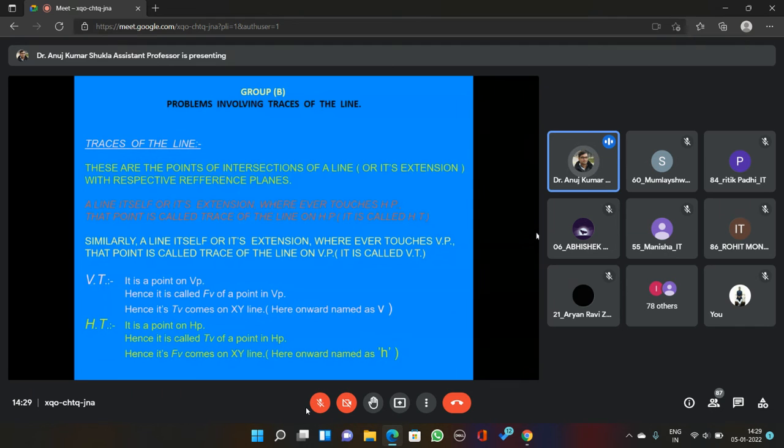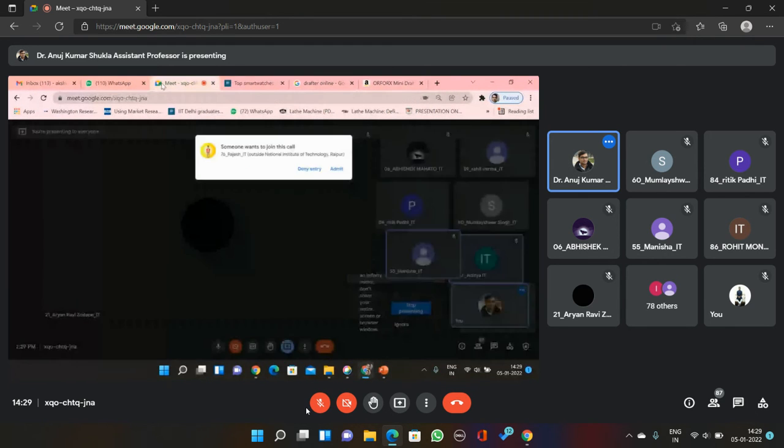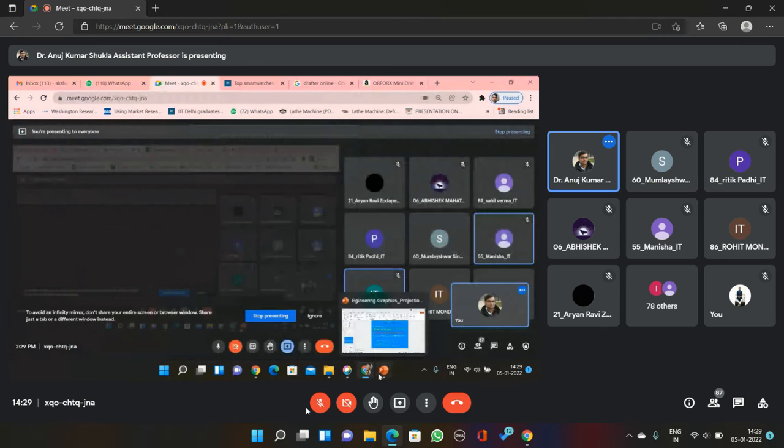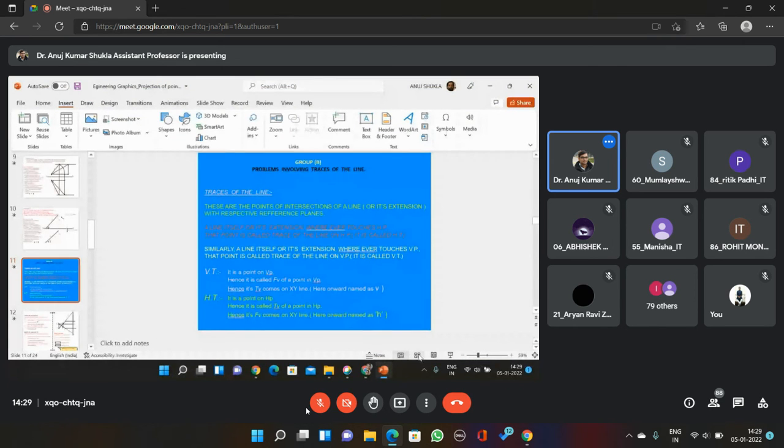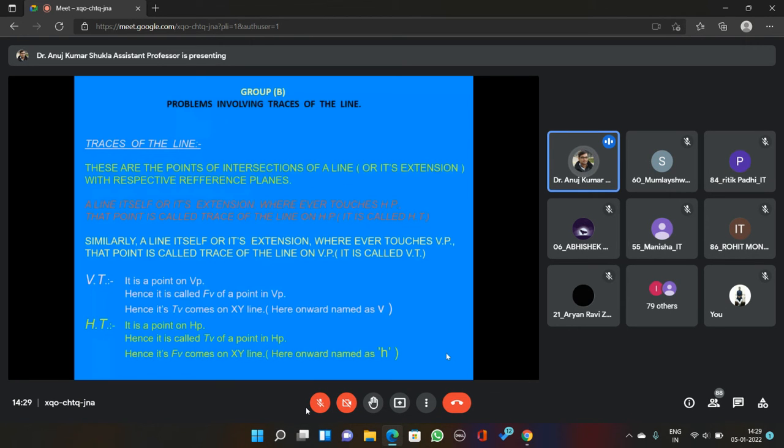VT is a point on VP. It is a point on VP, hence it is called the FV of a point in VP. You can imagine it either way. Hence, its TV comes on the XY line, here onwards named as V. HT is a point on HP, hence it is called the TV of a point in HP, the top view of a point in HP.